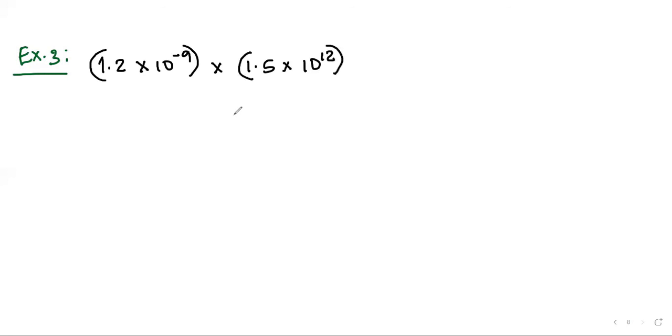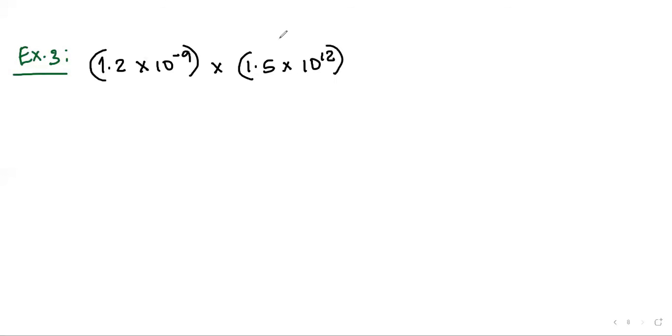Okay, so you can see that both of these numbers, this alone is already in standard form, and also this one is already in standard form. But now we need to write the whole of it in standard form.